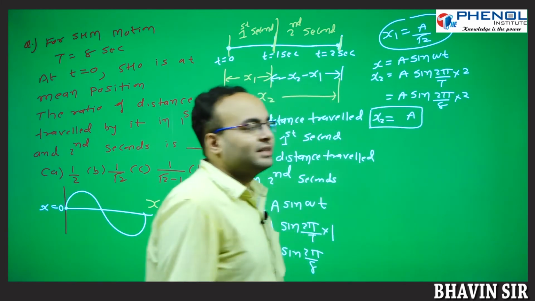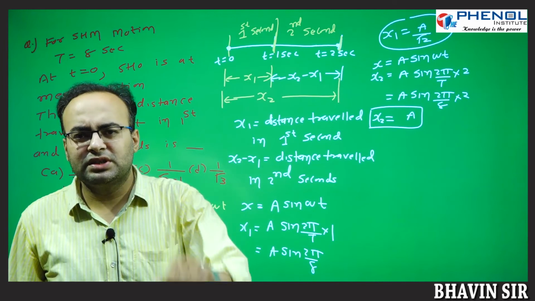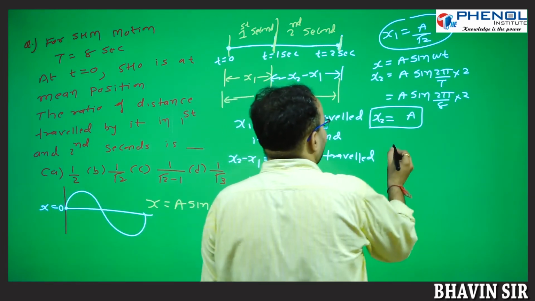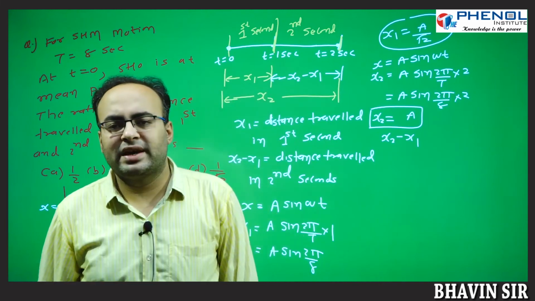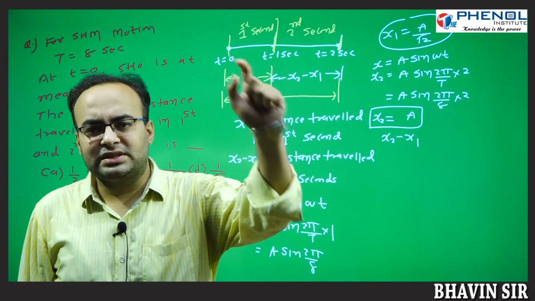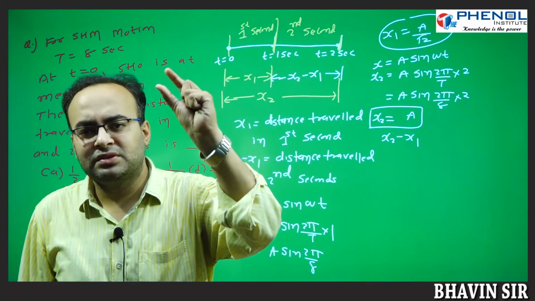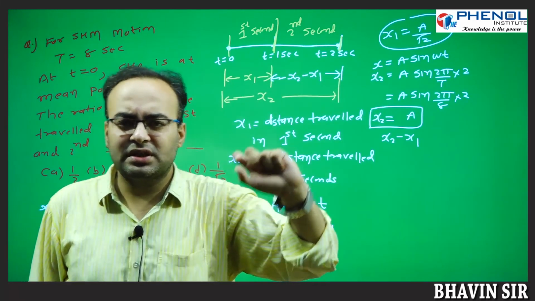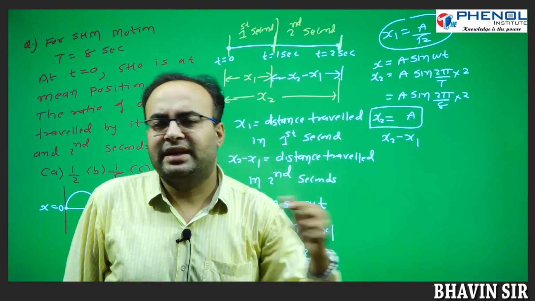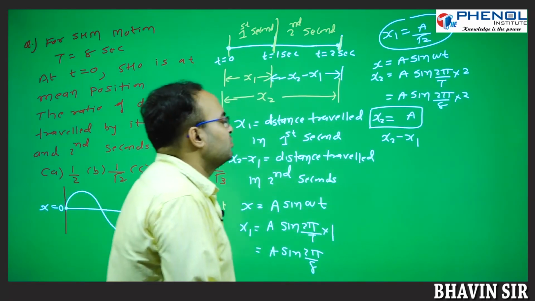So this is x2. What is the distance traveled during the second second? x2 minus x1, the distance traveled between 2 seconds and 1 second.